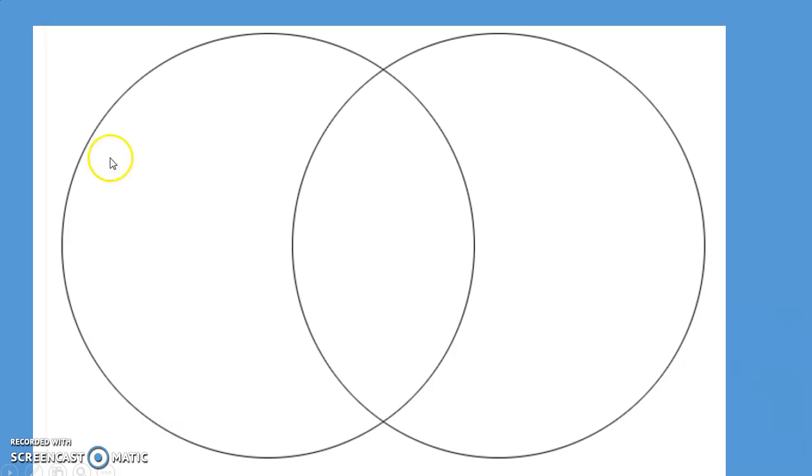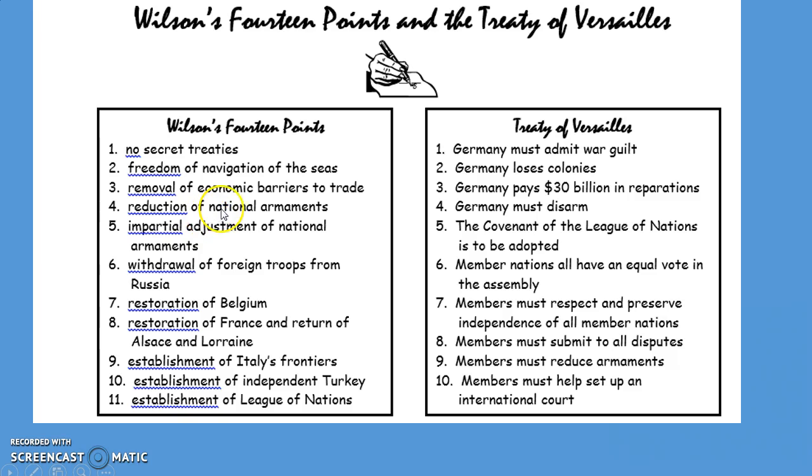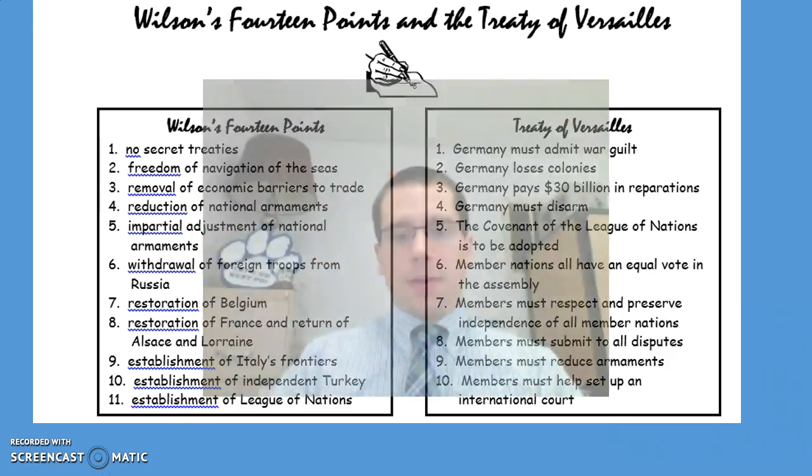The way you should set this up is on this side, you should do Wilson's 14 points. On this side, you should do the Treaty of Versailles. And in the middle of a Venn diagram, you always put the similarities. That's where I suggest you start, with the similarities here. See what the Treaty of Versailles adopted out of Wilson's points, and then go back and see how many things are actually different. I'll leave you with that, and then that is going to be everything.